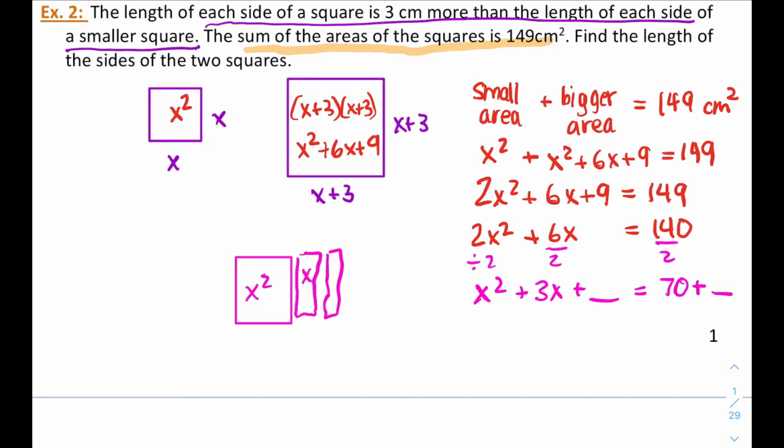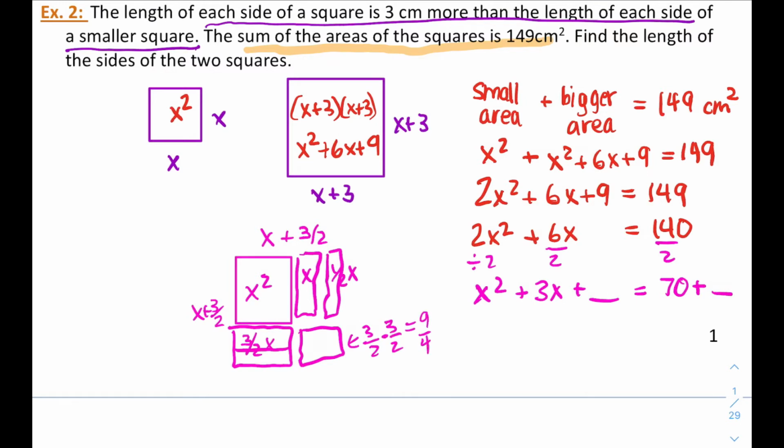So if I cut my 3x in half, I'm going to have 3 over 2 x or 1.5x on each side to make my sides the same. So to complete that little corner there, my area that I need is 3 halves times 3 halves, or 1.5 times 1.5, which is 9/4. So add that to both sides to complete my square and keep my equation balanced.